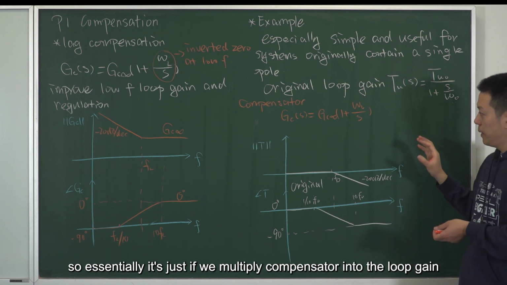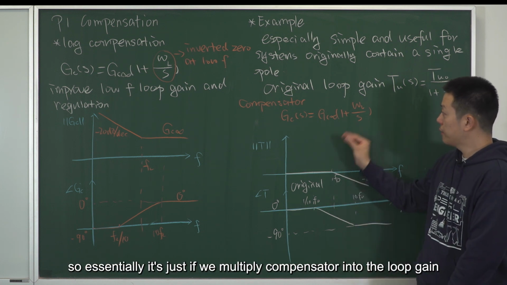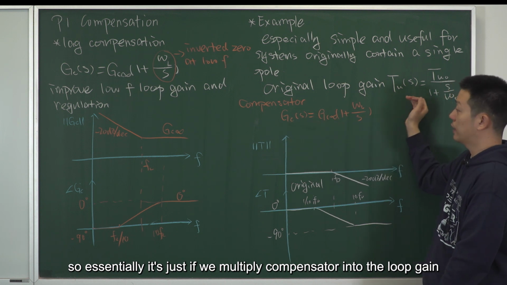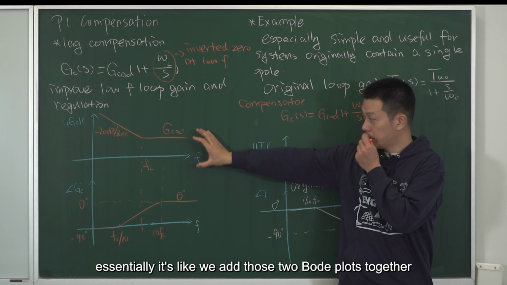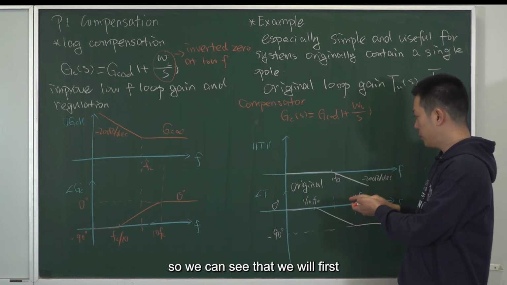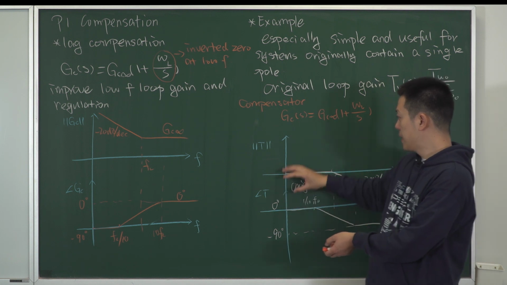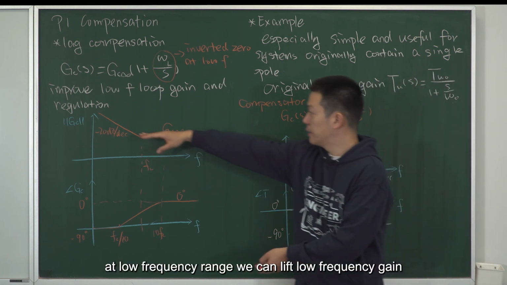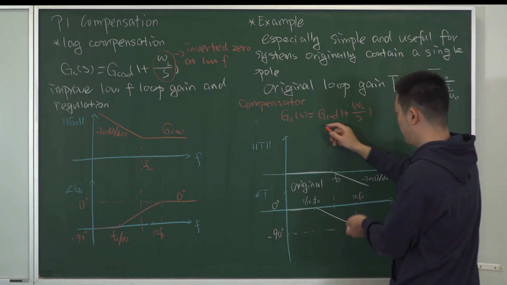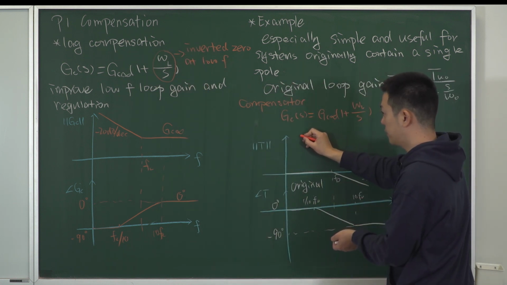Essentially, if we multiply the compensator into the loop gain, it's like we add those two Bode plots together. At a low frequency range, we can lift the low frequency gain.